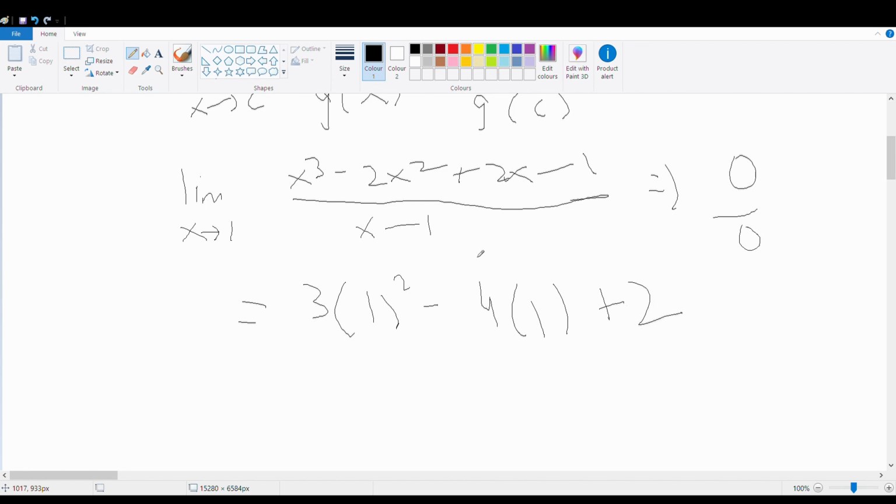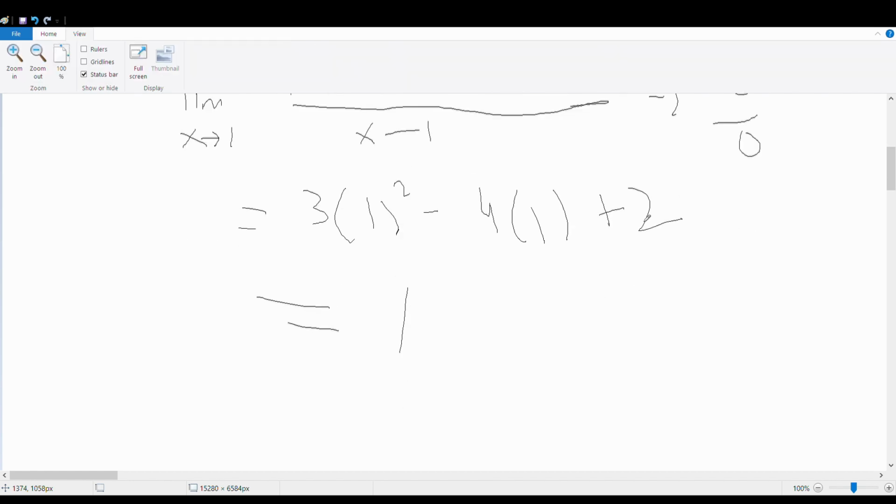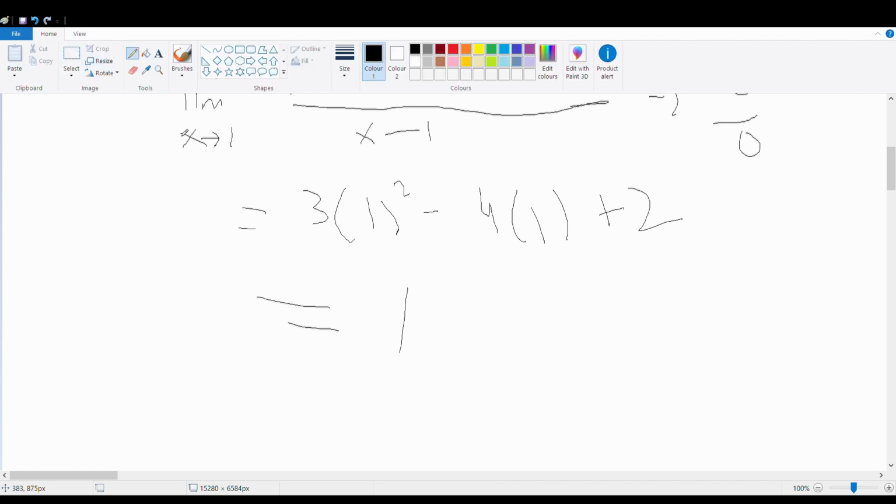The denominator's derivative is 1, since x minus 1 differentiates to 1. Let me just check if it's correct. Yeah, I think it's correct. So you have 3 minus 4 plus 2, so it's 1. All I did was take the derivative of the numerator and denominator, and I got the answer. When I do it in my head, it's much quicker, maybe just 5 to 10 seconds at max. I don't think I need to elaborate any further on how massively convenient this rule is.